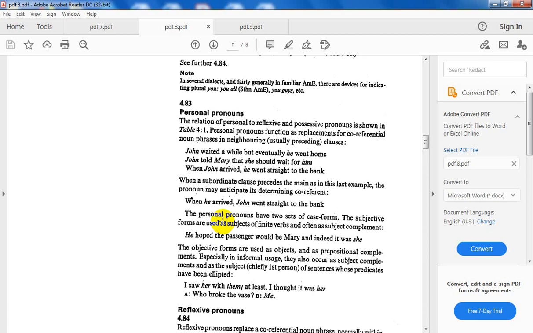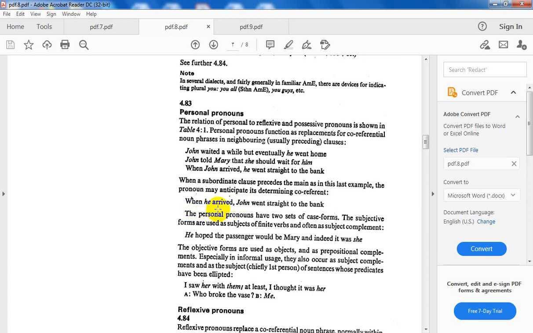It depends on the superordinate clause to complete its meaning. As in this example, the pronoun may anticipate its determining co-reference, in which I have the pronoun, then the noun it refers to.